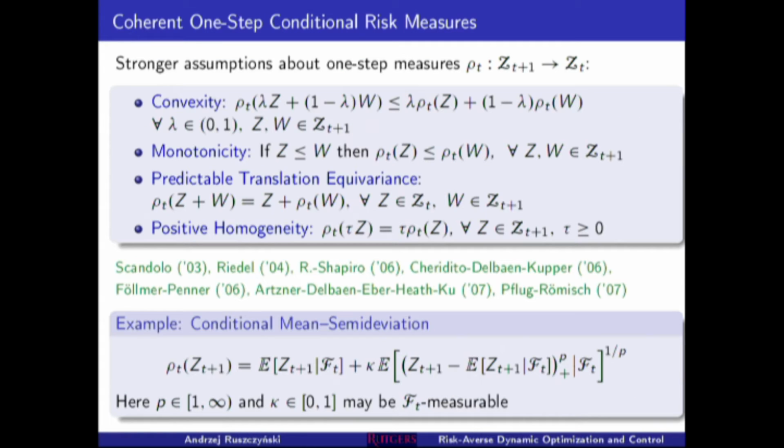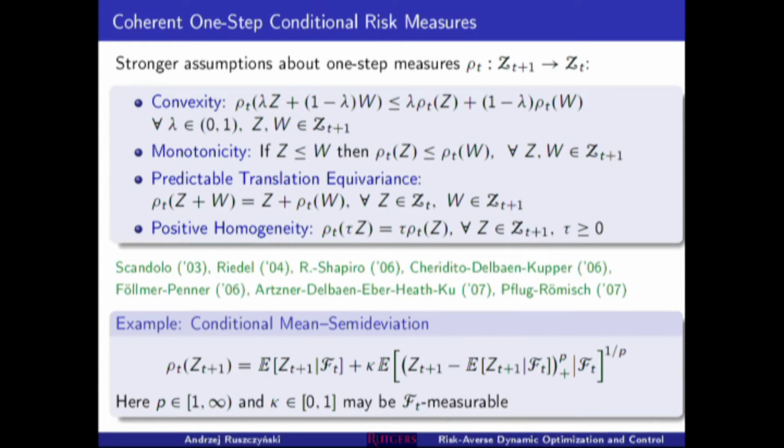Okay? So, for instance, if you use coherent one-step risk measures, we all know the axioms of coherent measures of risk. In the context of these one-step risk evaluations, they don't have real values, but rather they convert something random tomorrow to something less random because it's of today. So the future sigma algebra at time t plus 1 is converted to something measurable with respect to the sigma algebra at time t.